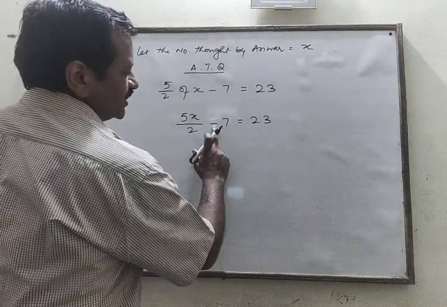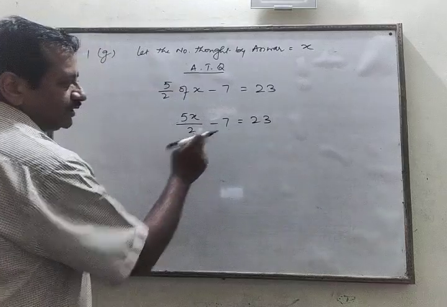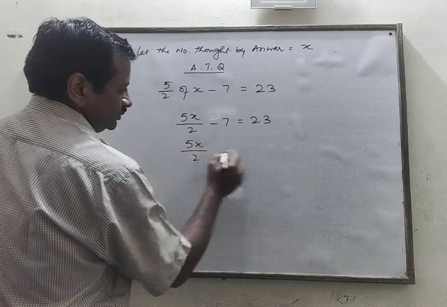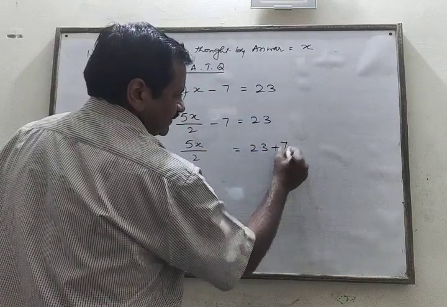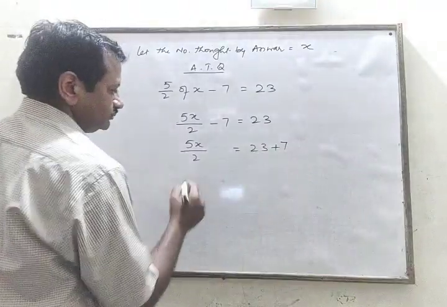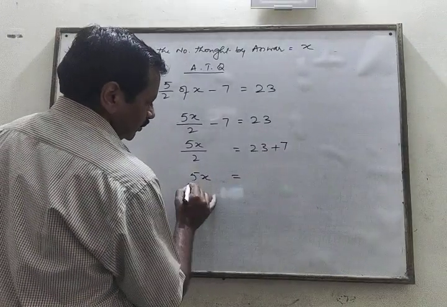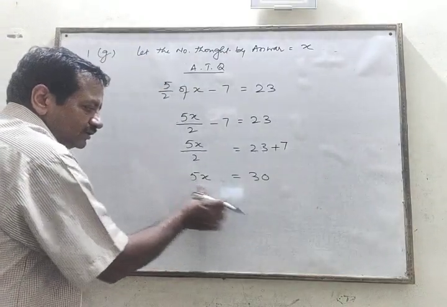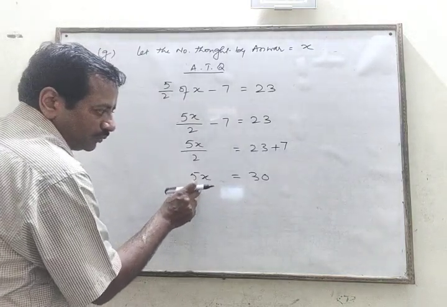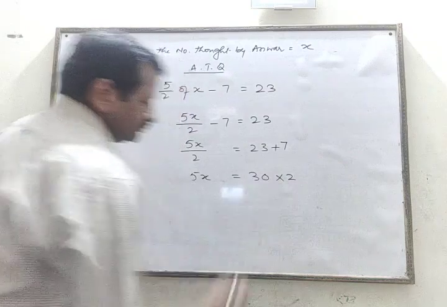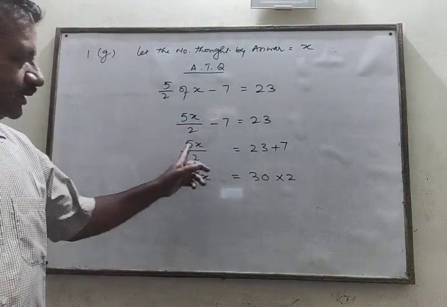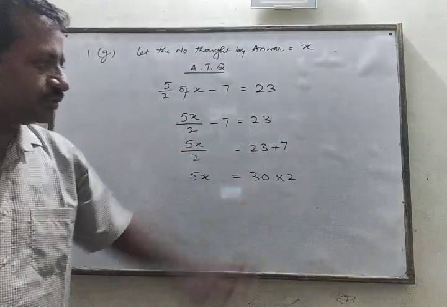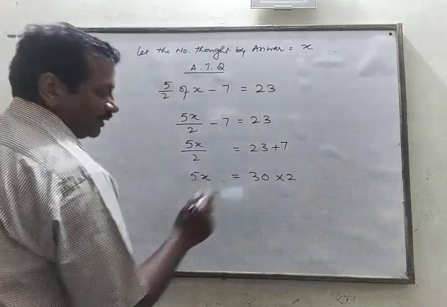To solve this equation, first shift the -7 to that side. It is -7, over there it will become +7. So 5x upon 2 is equal to 23 plus 7, which is 30. So 5x upon 2 is equal to 30. In the same step you can shift this 2 to that side, as multiply 2. It is dividing, so it will be multiplied there.